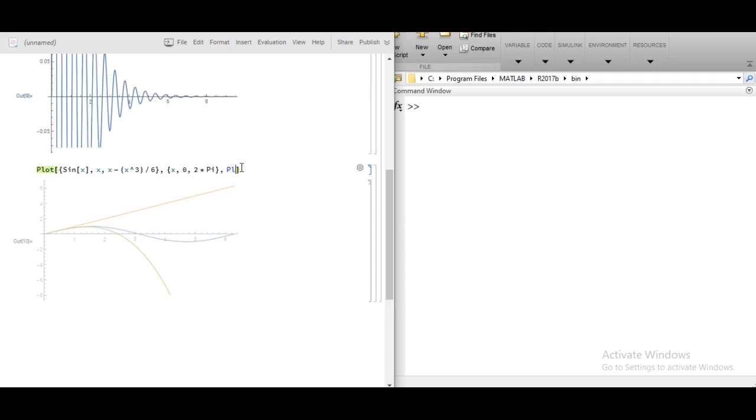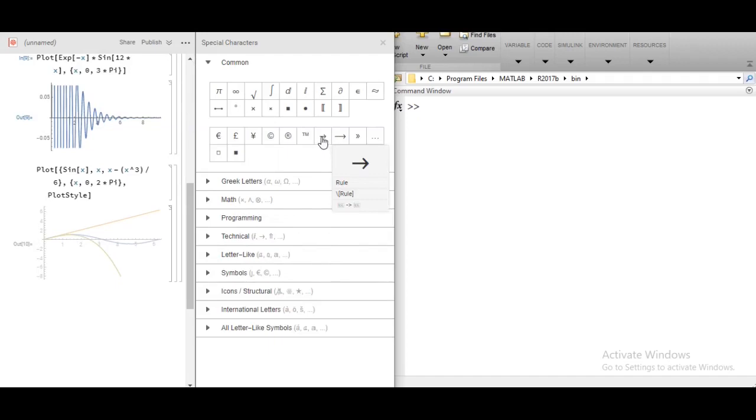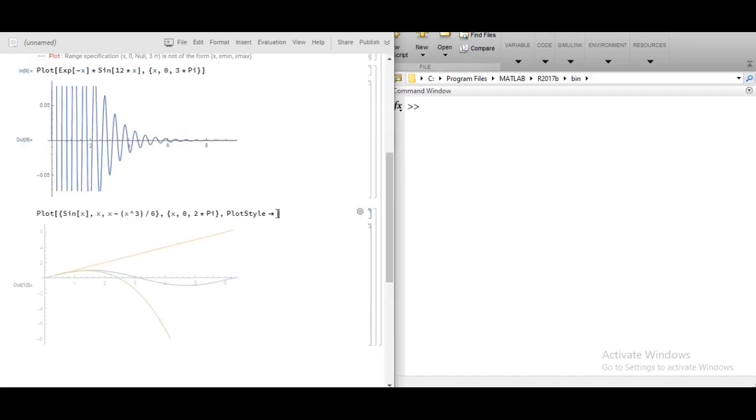So we can write PlotStyle, and then we write red, then RGB green, let's write green, and then blue, three colors. Okay, so now let's run it and see.